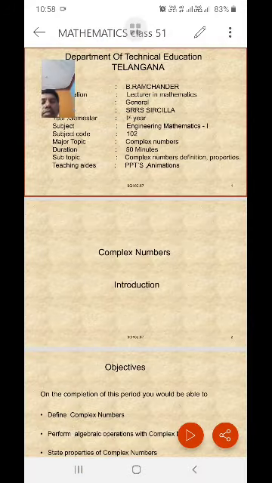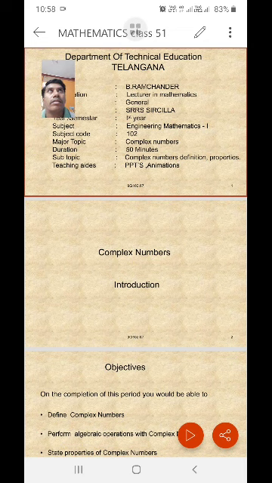And so once again we recall what we had learned in this class, from the PPT.